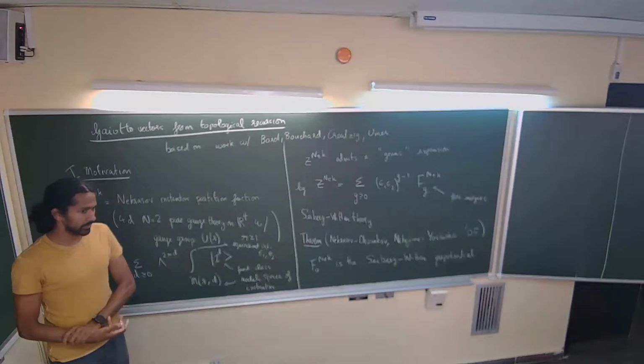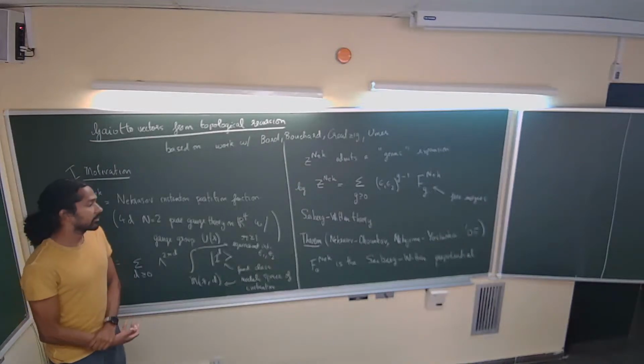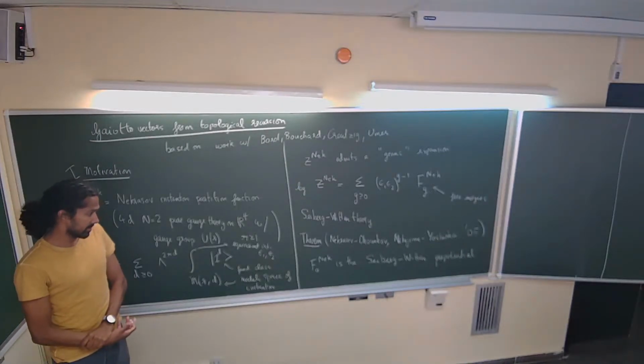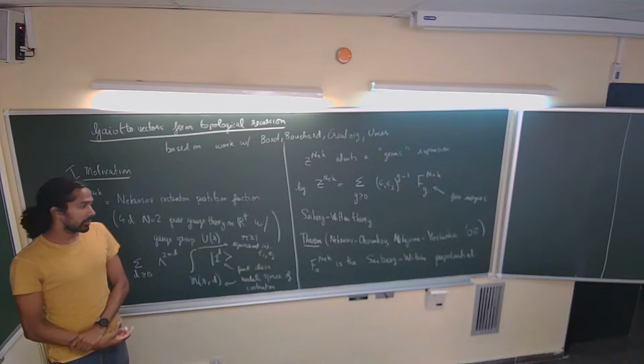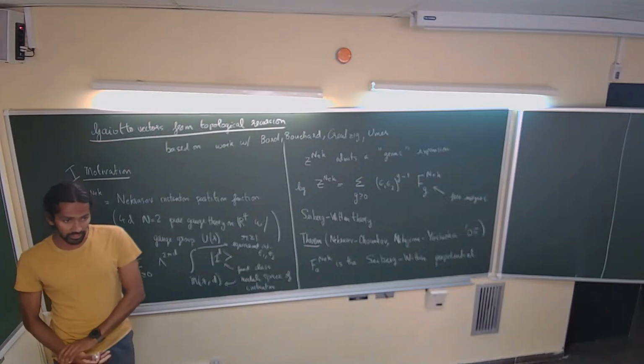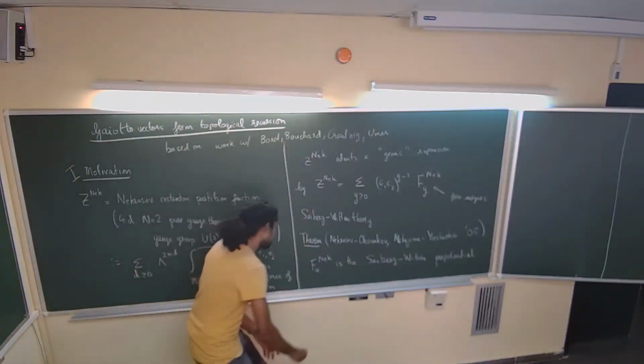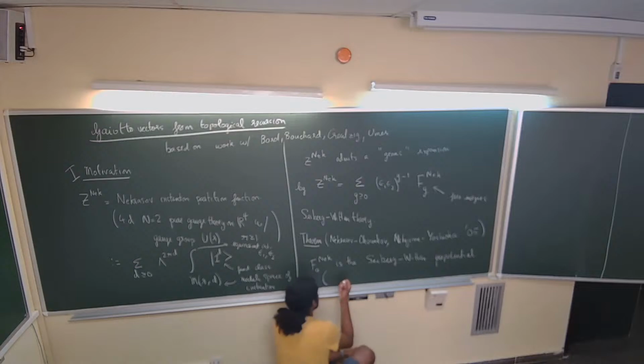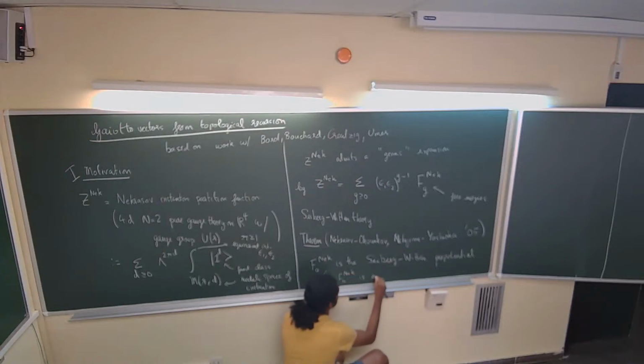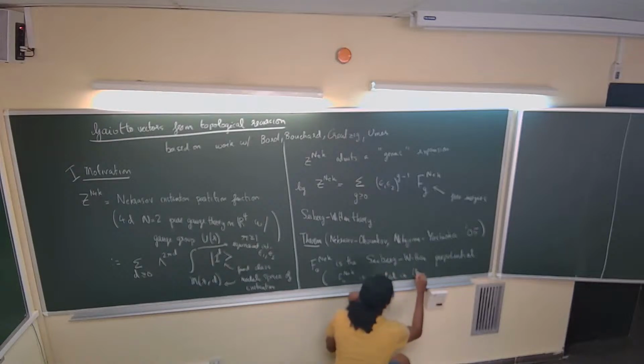But the only thing that I want to stress here is that it's an object that's encoded purely in the geometry of a certain algebraic curve called the Seiberg-Witten curve. So all I want to say is that F_0 is encoded in the Seiberg-Witten curve.